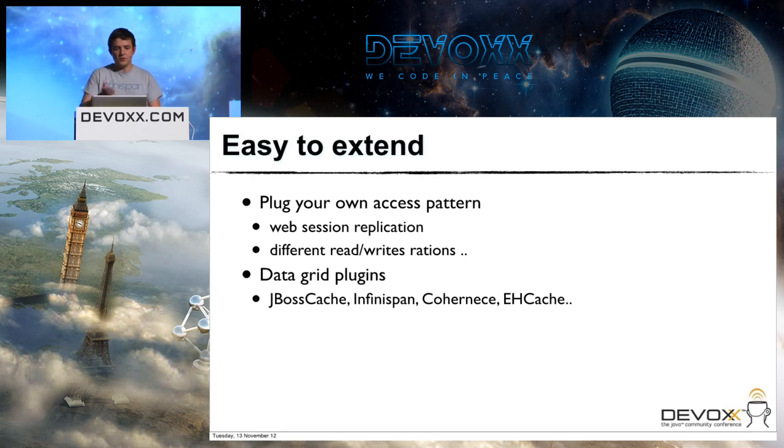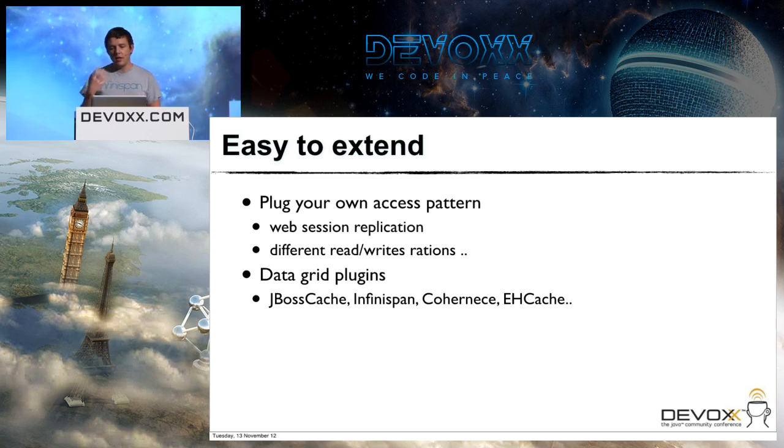It's easy to extend. Generally, we come with some predefined access patterns. For example, in-memory data grids are heavily used for web session replication. JBoss under the hood uses either, depending on the version, JBossCache or Infinispan. Same for the other data grids I've mentioned.